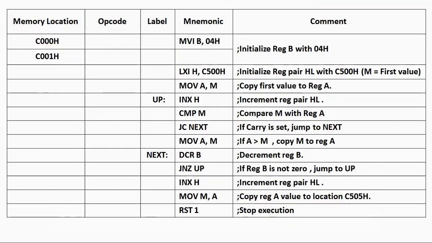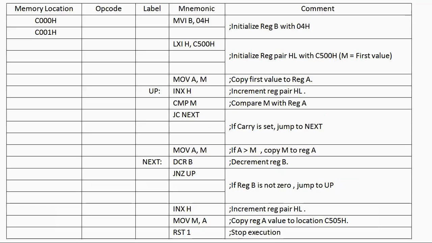As we all know, MVI B, 04 is a 2-byte instruction, and since it is a 2-byte instruction, we require 2 memory locations. The first memory location I have taken is C000H, and the second continuous memory location is C001H. So C000H and C001H will have your first instruction, MVI B, 04H.